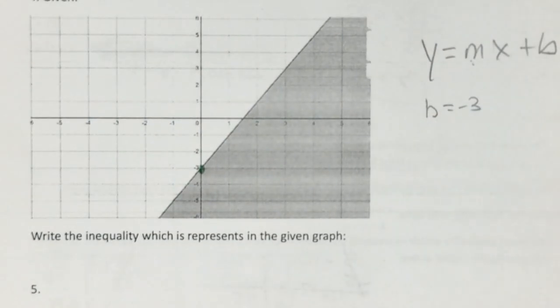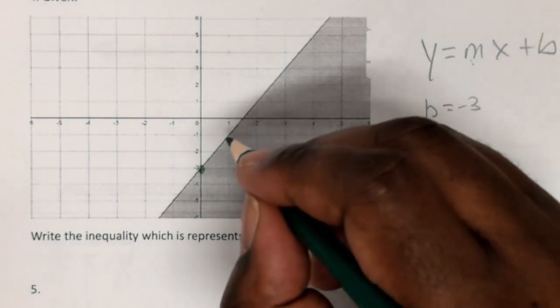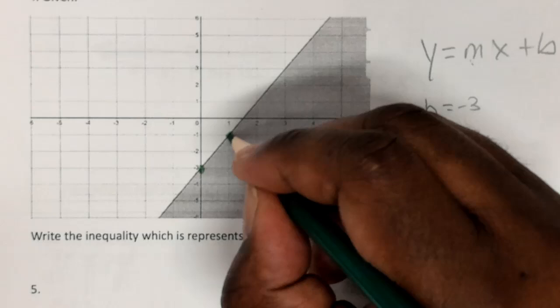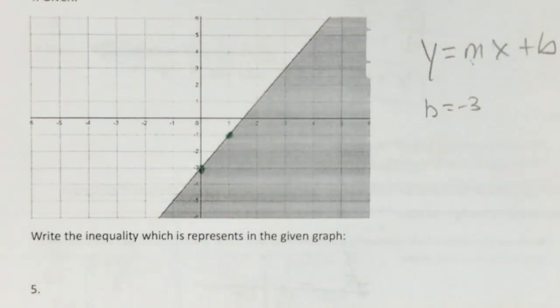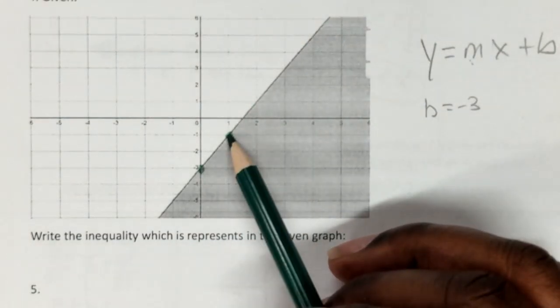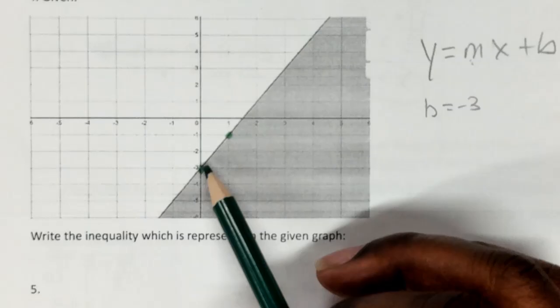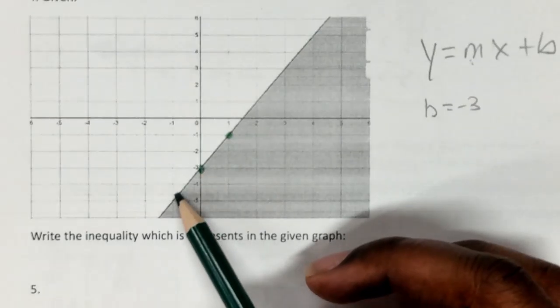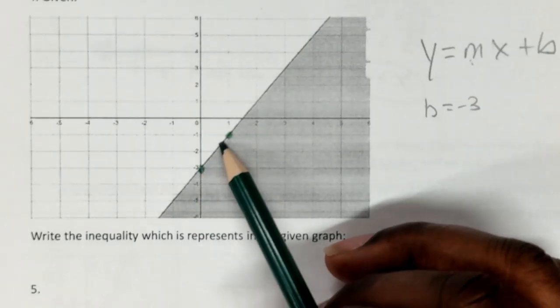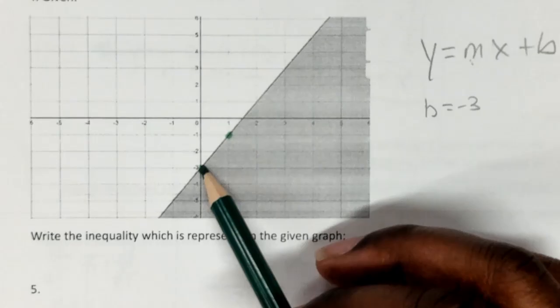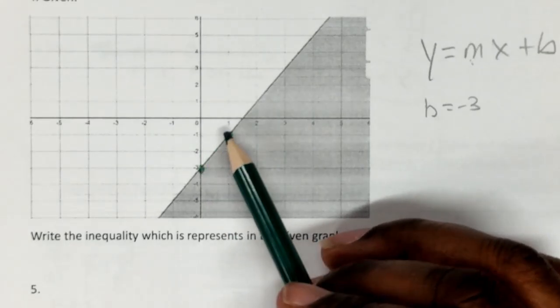Now let's start from there and go to another point. We've got to pick a good point, and this point here seems really good. Going from the y-intercept to this point, I need to go up, so I have a positive slope. If you see, you're traveling up a hill as you go to the right. I go up 2 and to the right 1.